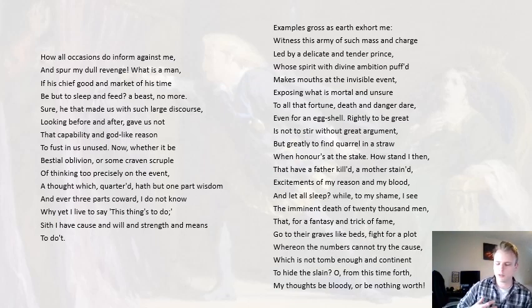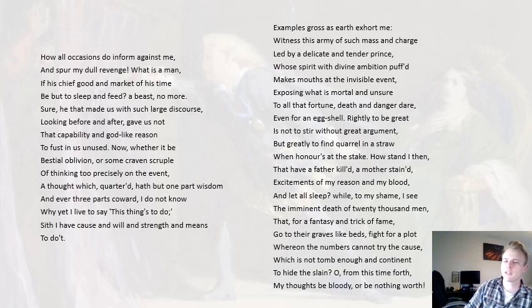So he's saying, well, it's either the thought of death, his potential suicidal thoughts coming back into it, or it's simply his craven thoughts, his cowardly thoughts. He diminishes himself here again, that the thoughts within him are three parts coward and only one part wisdom. So it's introspective. He's using metaphor around his own thoughts.